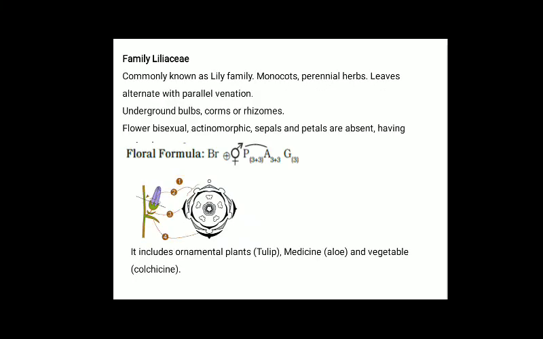Then family Liliaceae, a monocotyledonous family, commonly called the onion family, which has a fibrous root system with parallel venation. Onion stores reserve food material, and the family includes ornamental plants like tulip, medicinal plants like aloe vera and some vegetables.